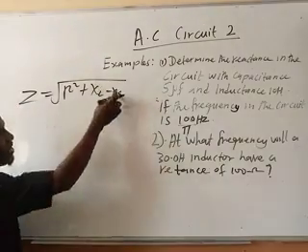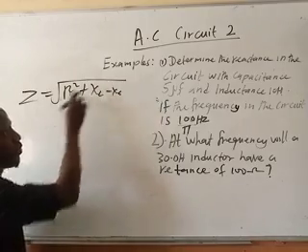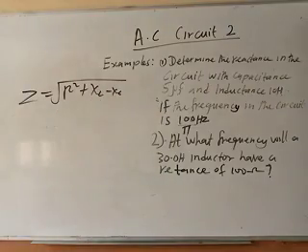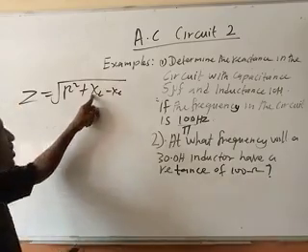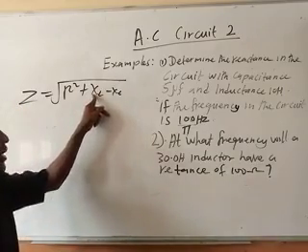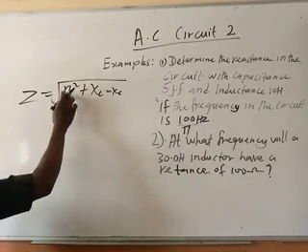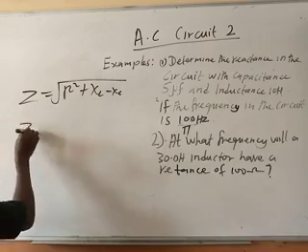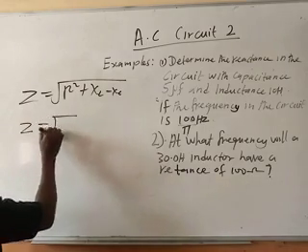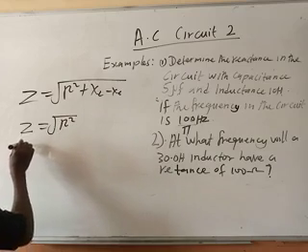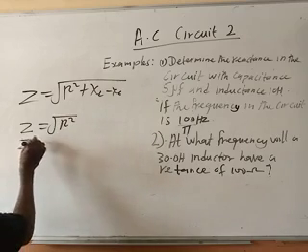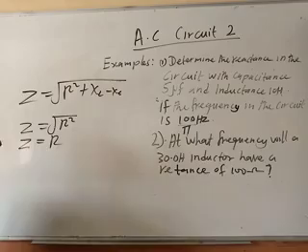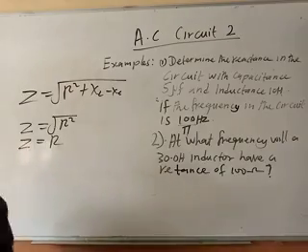Now, if this and this are equal, what will now happen? It means the opposition to the flow of current will be left with only resistor. So therefore, this one is equal to square root of R squared. This implies that we have R.